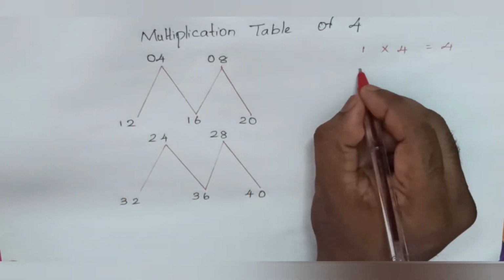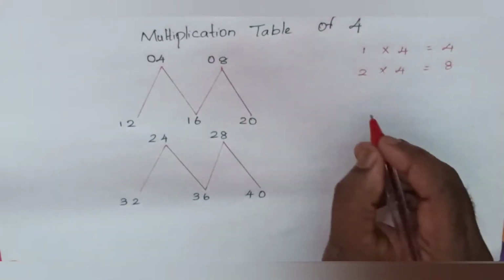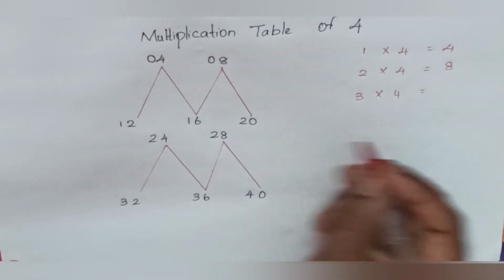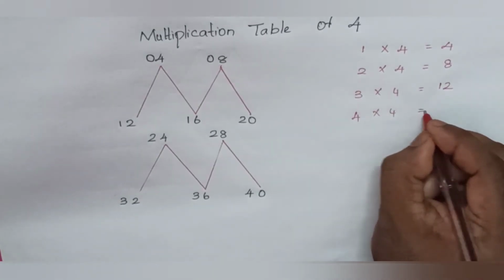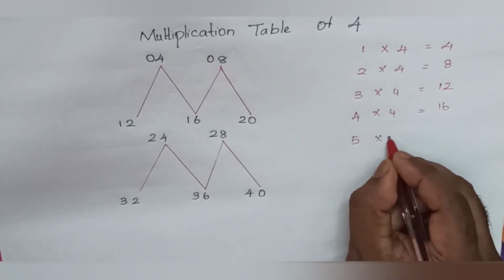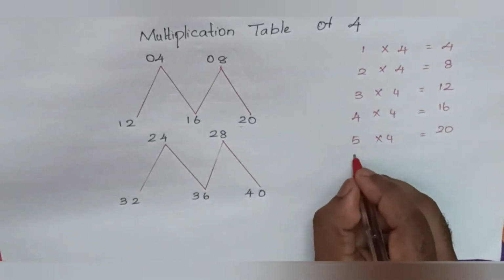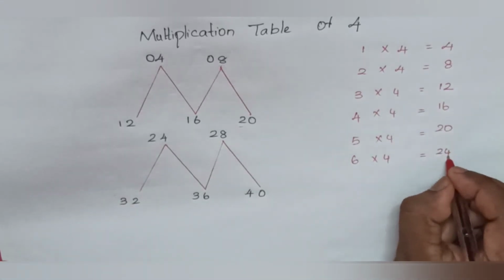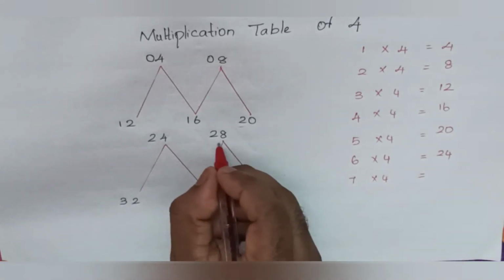This is 4. 2 into 4 equal to 8. 3 into 4 equal to 12. 4 into 4 equal to 16. 5 into 4 equal to 20. 6 into 4 equal to 24. 7 into 4 equal to 28.